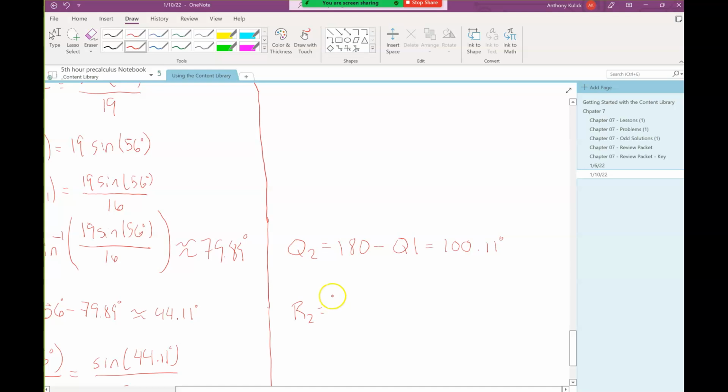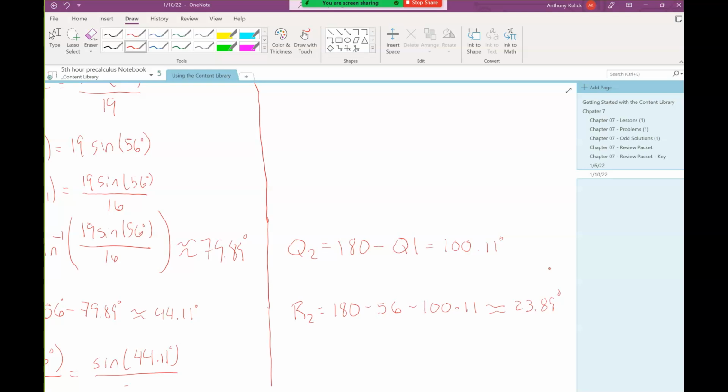Because there can only be 180 degrees in our triangle. But since I know angle P and I know angle Q2, it's really easy to get angle R2.